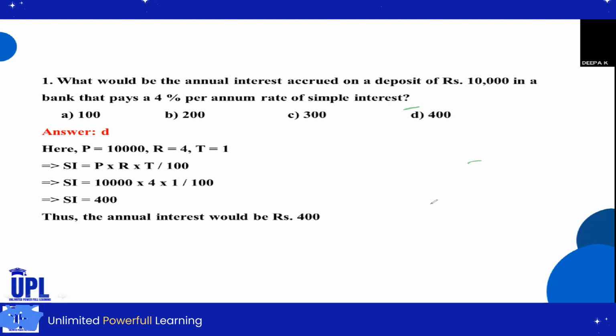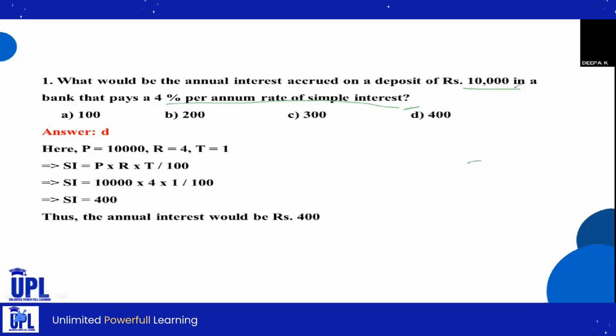What would be the annual interest accrued on a deposit of rupees 10,000 in a bank that pays 4% per annum rate of simple interest? So 4% per annum is the rate of simple interest, and the deposit is 10,000.